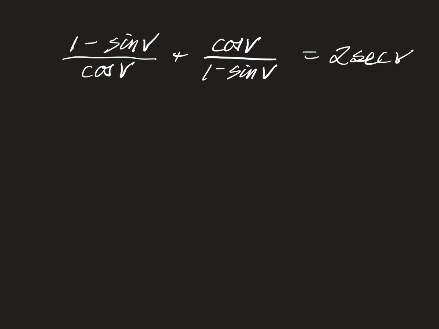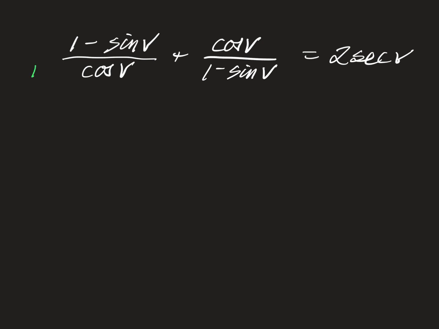So obviously the left side looks more complicated than the right side. Now, what I have, I'm adding two fractions here. So often when I have that and I have wildly different denominators like this, I am going to multiply by to get common denominators.